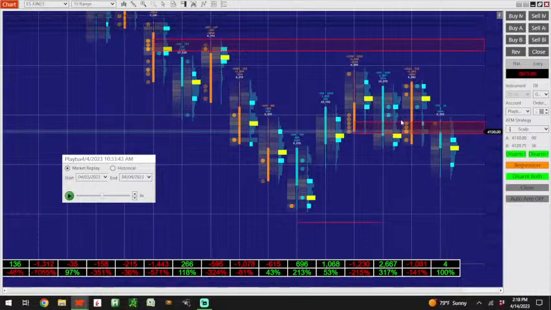So that's kind of the trend. Also, the range is pretty large on this one. This is a 15 range candle, so that is probably around 4. That's pretty large, so this would definitely be a trend day.